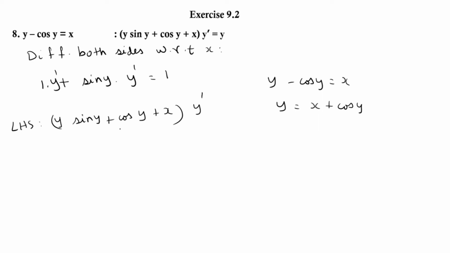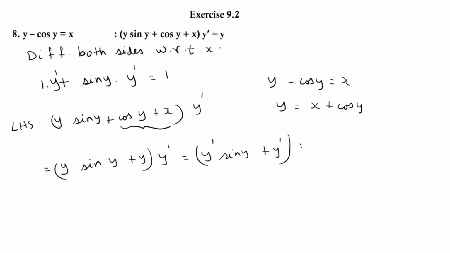So instead of cos y plus x, we can substitute y. So here we have y sin y plus y into y'. So this is equal to, we have got y' sin y plus y' as 1. So I'm taking y' inside and y outside. So this is equal to y, which is the RHS. I hope this is clear.